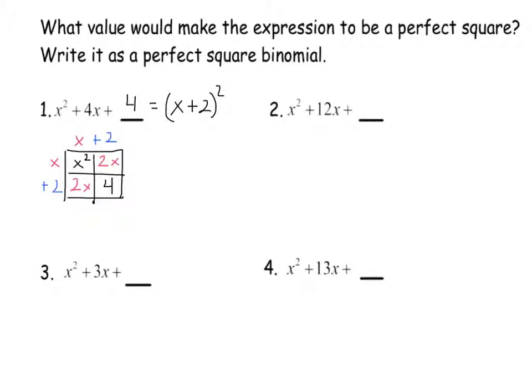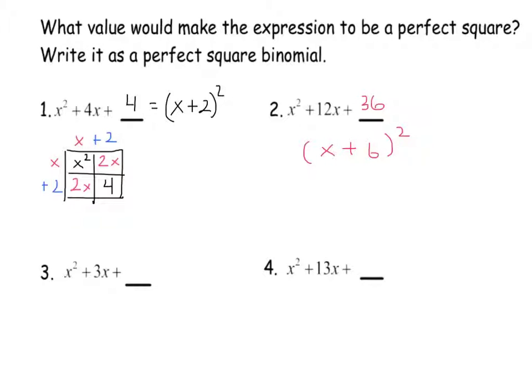So on the next problem, I am going to figure out again what to fill in the blank for. Basically, I'm going to take half of the coefficient of x and square it. Half of 12 is 6, and 6 squared is 36, which would give me a binomial of x plus 6 to the second power.